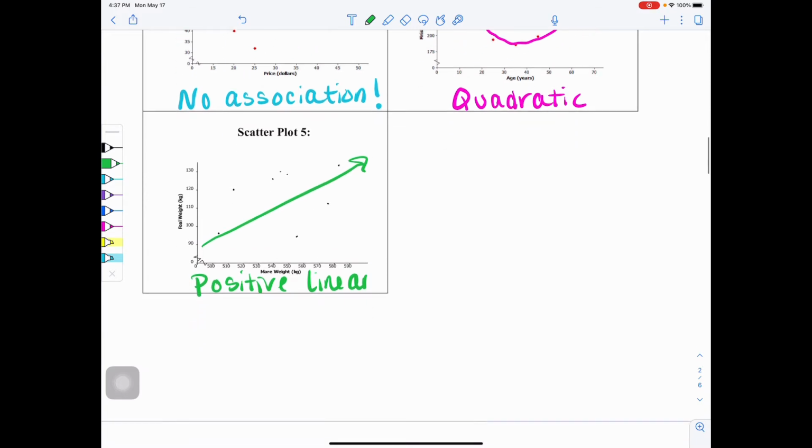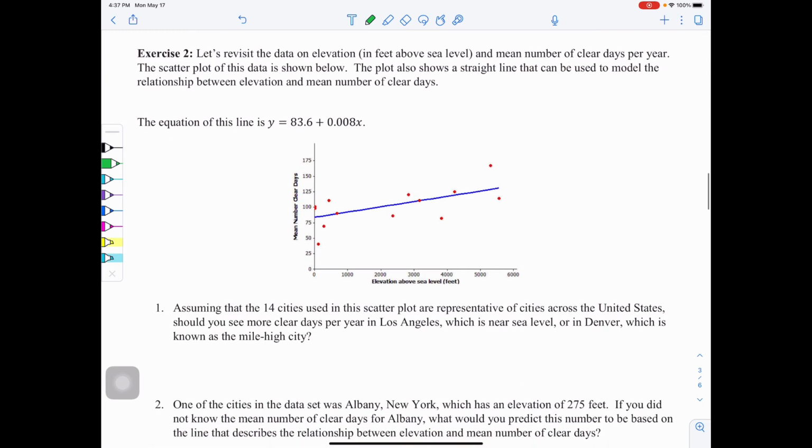Now moving on to exercise 2, it says let's revisit the data on elevation in feet above sea level and mean number of clear days per year. The scatter plot of this data is shown below. The plot also shows a straight line that can be used to model the relationship between elevation and mean number of clear days.